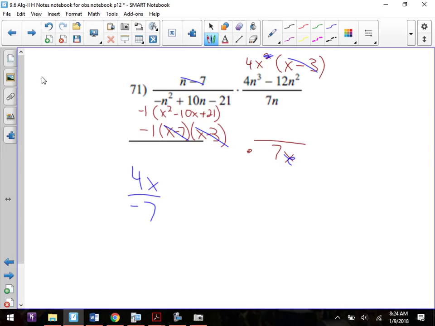Which one? It was here and here, because they were factors of 1. The first thing I did is I factored out the negative 1, and that's what gave me those terms. Yeah.